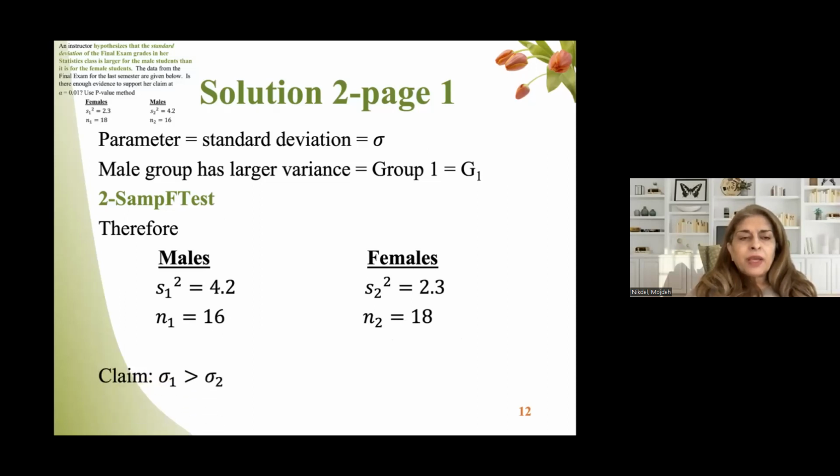What is my claim? The claim was that standard deviation of male group is larger than the standard deviation of female group. Male group is group 1. So again, standard deviation sigma of group 1 larger than standard deviation of group 2. That's my claim.